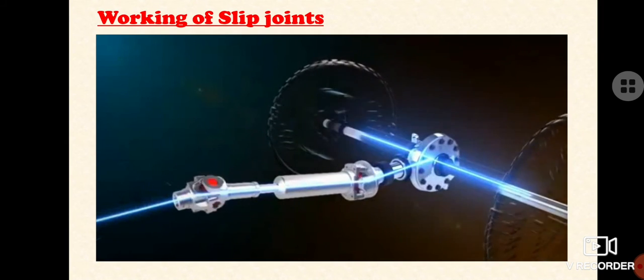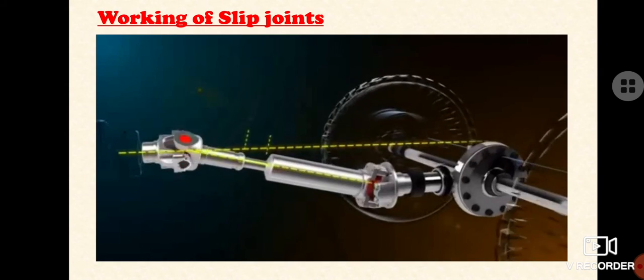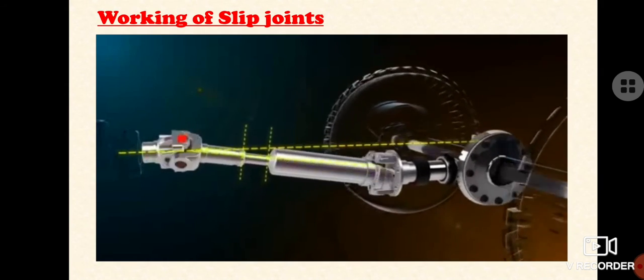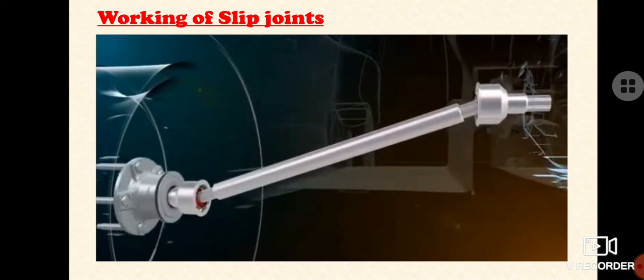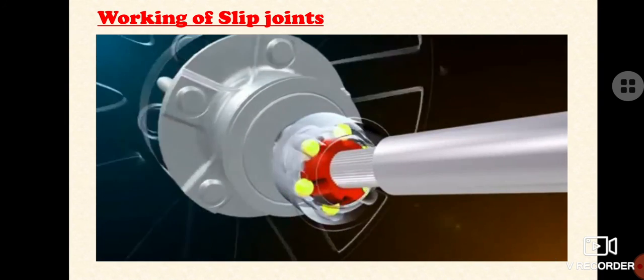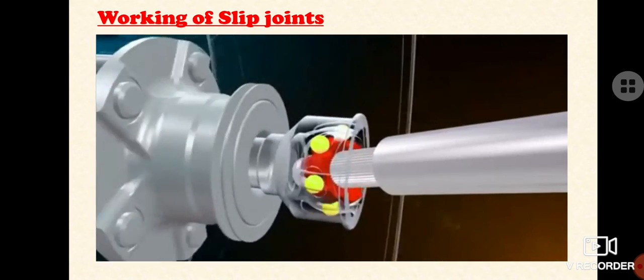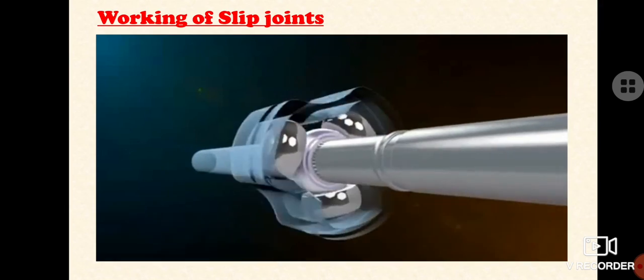Slip joint is formed by internal splines on the sleeve attached to the left universal joint and external splines on the propeller shaft. Slip joint is attached to the driven yoke to increase or decrease the length of propeller shaft.